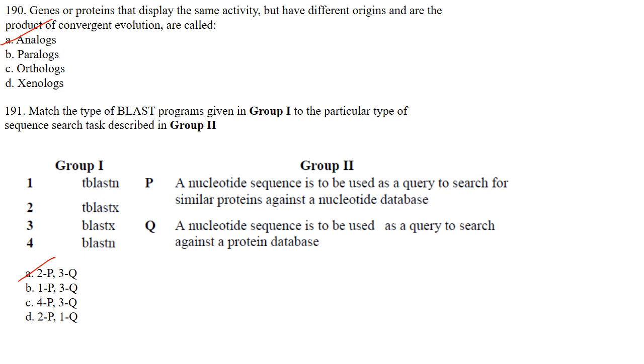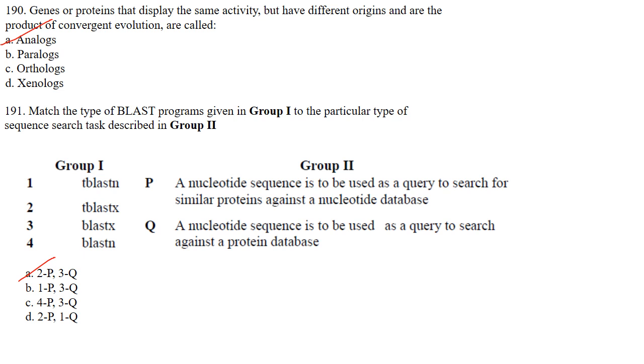So coming to the next question. Genes or proteins that display the same activity but have different origins and are a product of convergent evolution are called analogs. Answer is option A. Match the type of BLAST program given in group 1 to the particular type of sequence search task described in group 2.